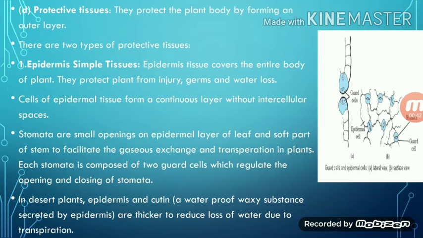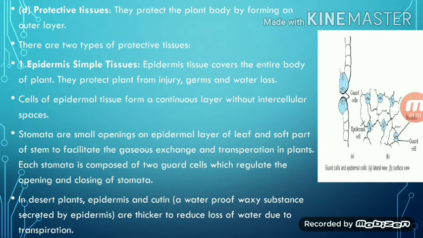Epidermis tissue covers the entire body of a plant. That entire cover of a plant is epidermis. They protect the plant from injury, germs, and water loss.